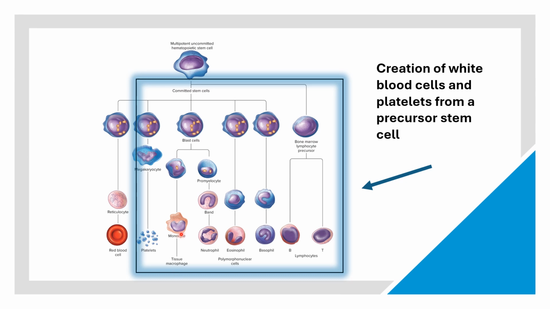They're just coming in and chomping down on them and dissolving them so that you don't get an infection. Add a different chemical and you're eventually going to get a neutrophil. So you get the idea. You add a different chemical to a blast cell, eosinophil, a basophil, a B cell, or a T cell.